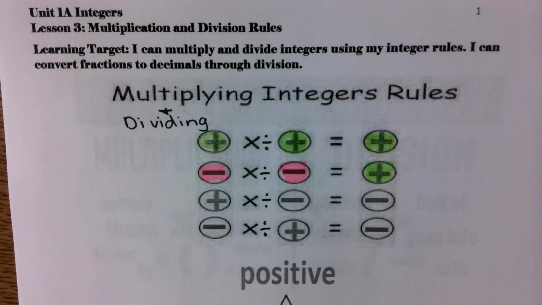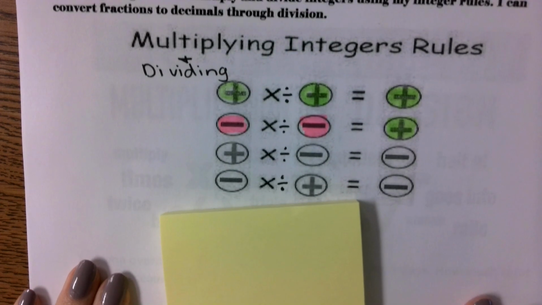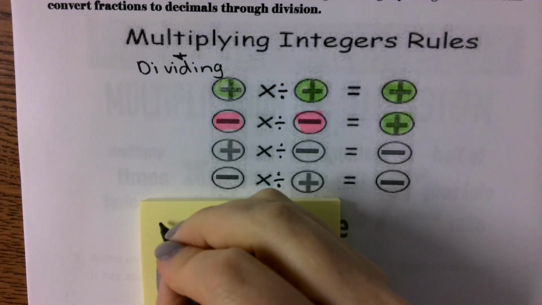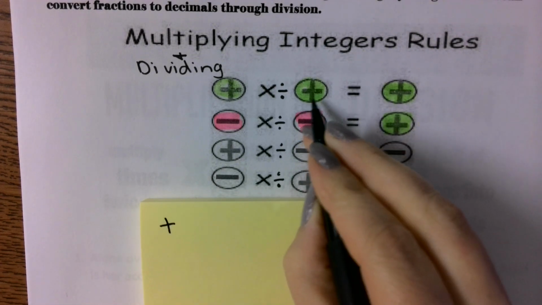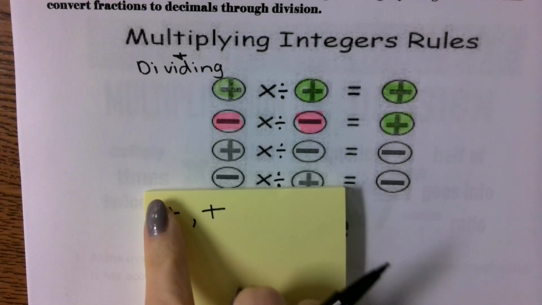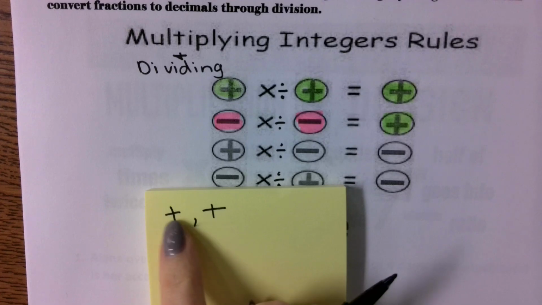And here's what I like to tell students. You don't have to write this down, I just want to show you. If I take a positive symbol and I take another positive symbol, and I were to break these symbols apart, how many lines does it take for me to draw a positive sign? 2 lines, right?